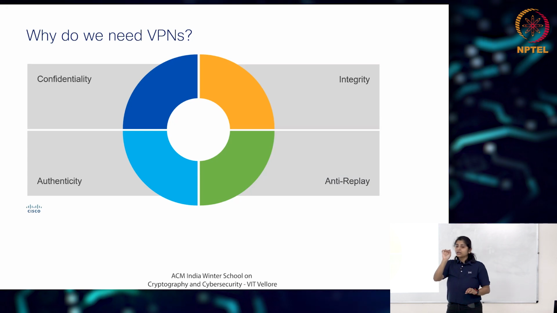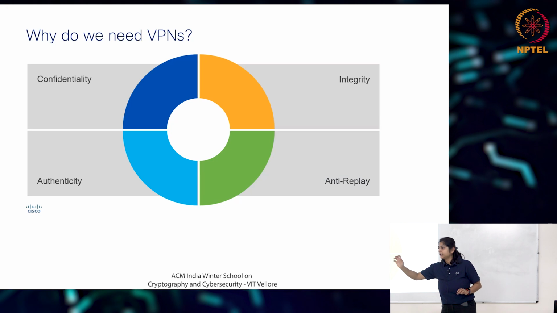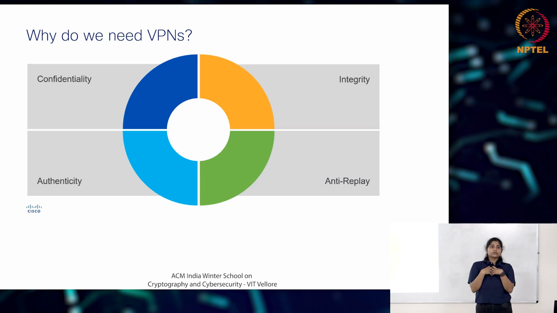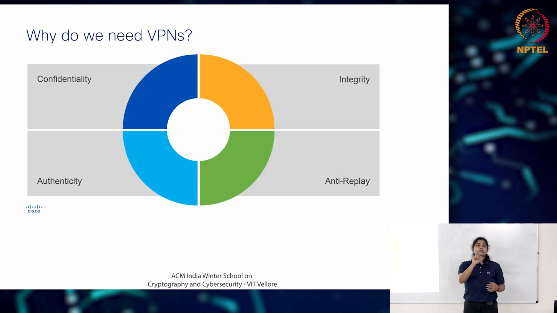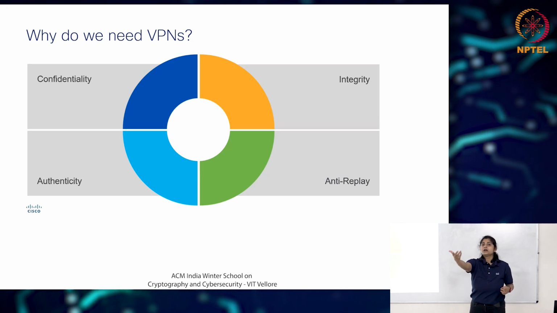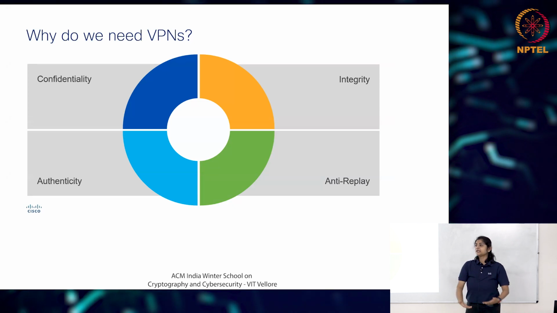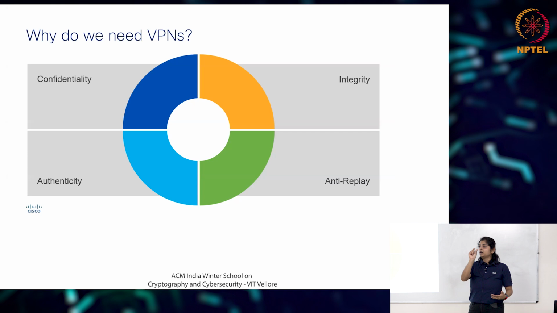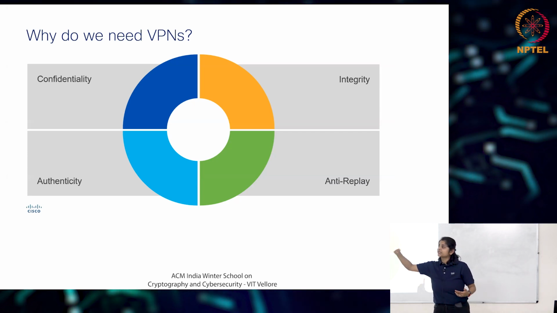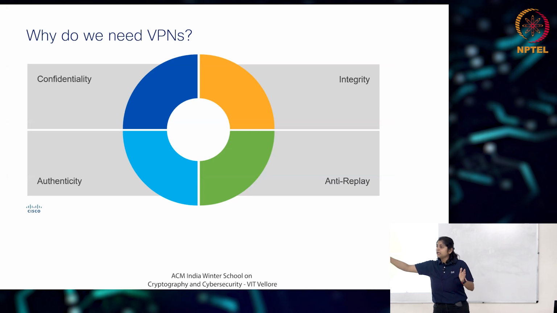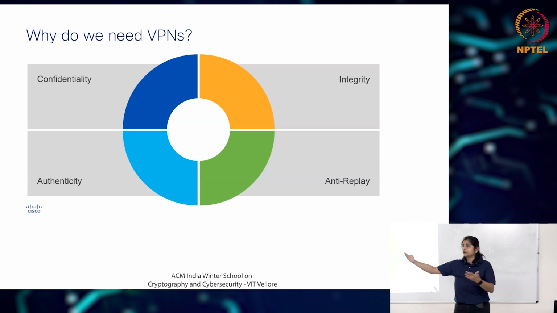So they use something called data tagging, where they add a sequence number to each data. If I am the source of sending these VPN packets, I will attach a sequence number to the data. Whenever the recipient of that VPN packet receives that packet, they will map that sequence number to that data. And if it is outside a specific window, it will drop that packet, thinking that I already received this packet with a particular sequence number.